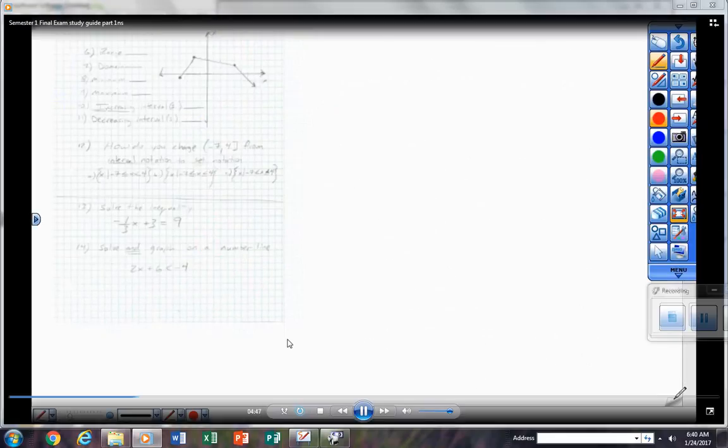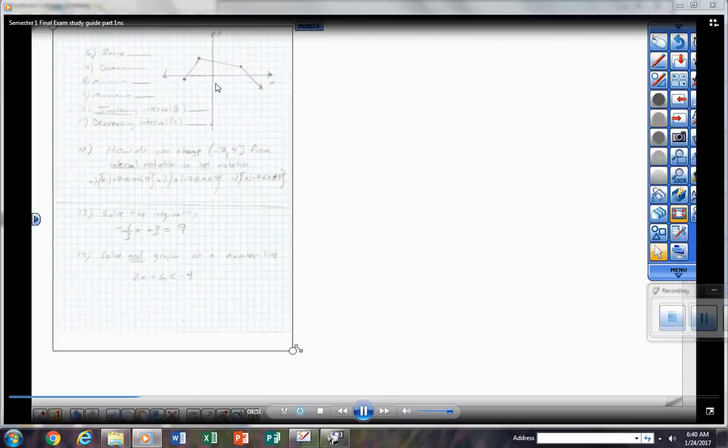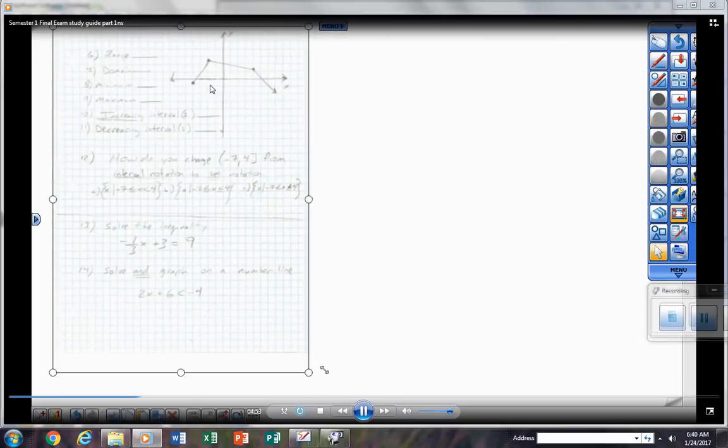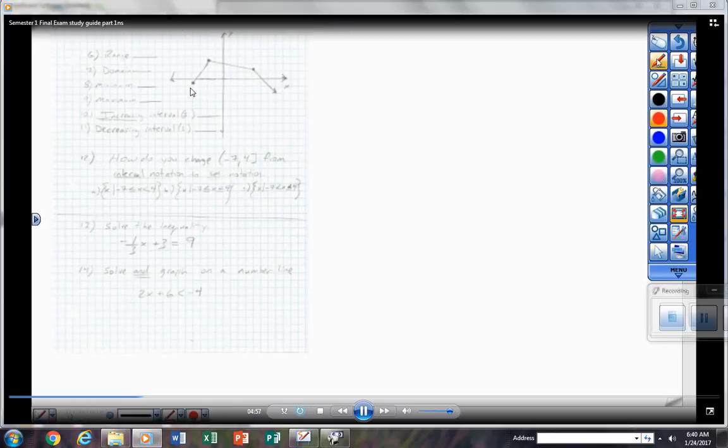This problem is going to have you read this graph to find domain, range, max, min, increasing and decreasing intervals. Range is measured from bottom to top, looking at the y-axis numbers.